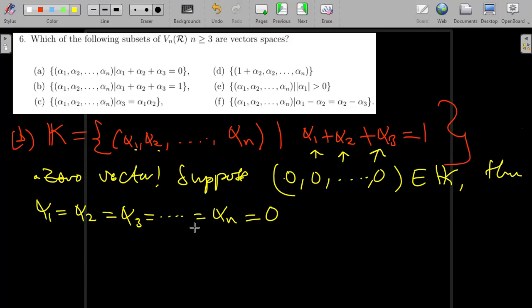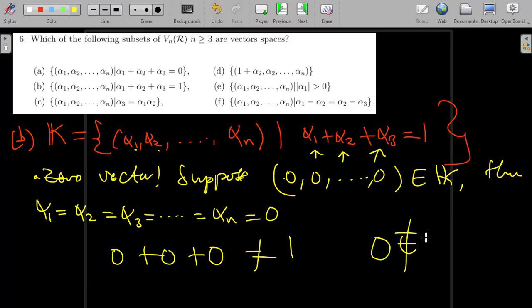It turns out that it won't, because 0 plus 0 plus 0 is equal to 1, and we see that this is a contradiction. So this would mean that the zero vector is actually not a member of this space K. So if we found that one of the conditions fails, then we conclude that what we have here on B is not a vector space.